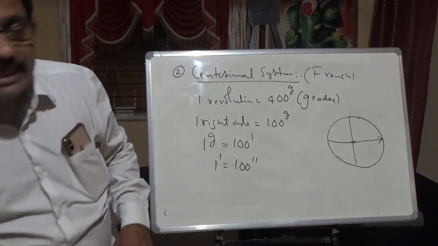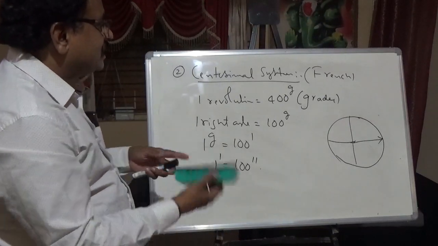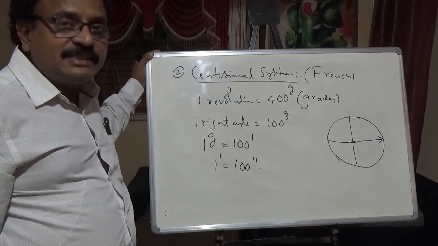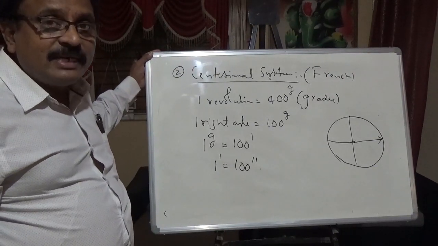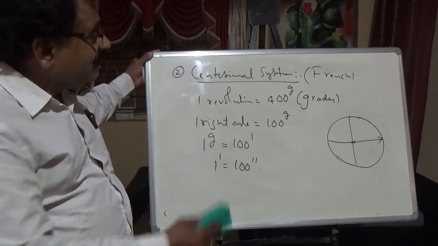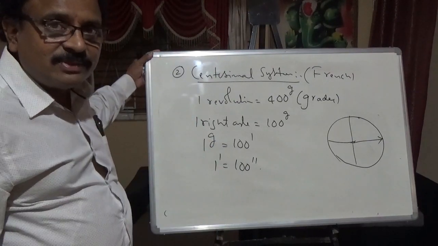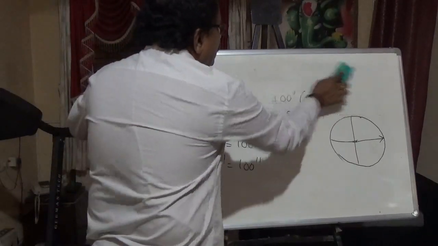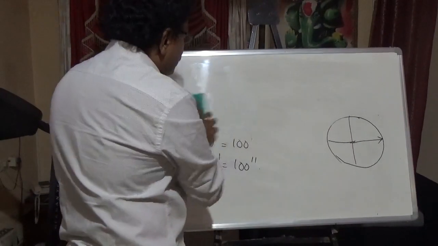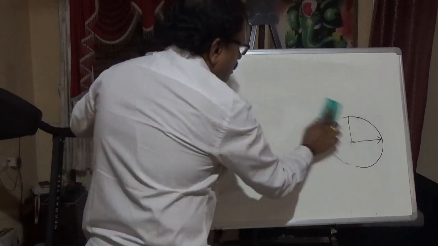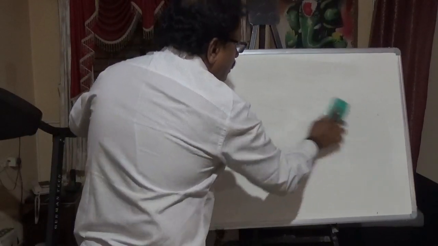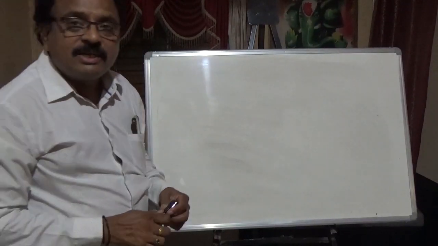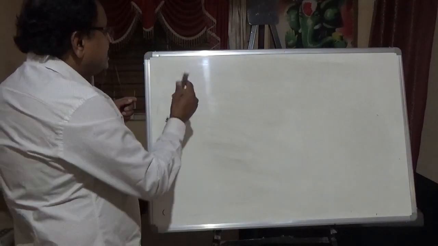Next we need to understand the next system, the circular system or radian system. For entrance point of view sometimes we'll use all these systems, so we should be very careful. Here the third system is circular system or radian system.